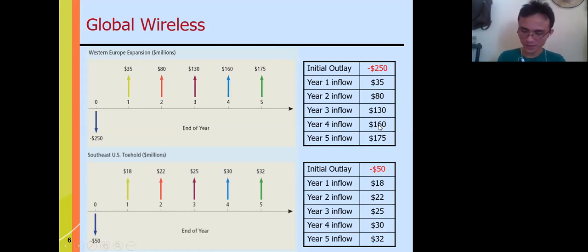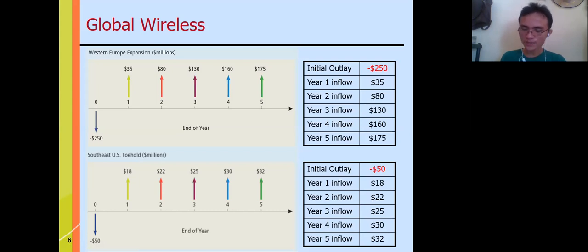Otherwise, if we add 245 plus 160, that's 405. That's already way, way beyond 250. So just get the portion or the difference. So that's $5 to equate to 250. 5 divided by 160, that's the fraction that we can compute, the decimal point for the payback period.